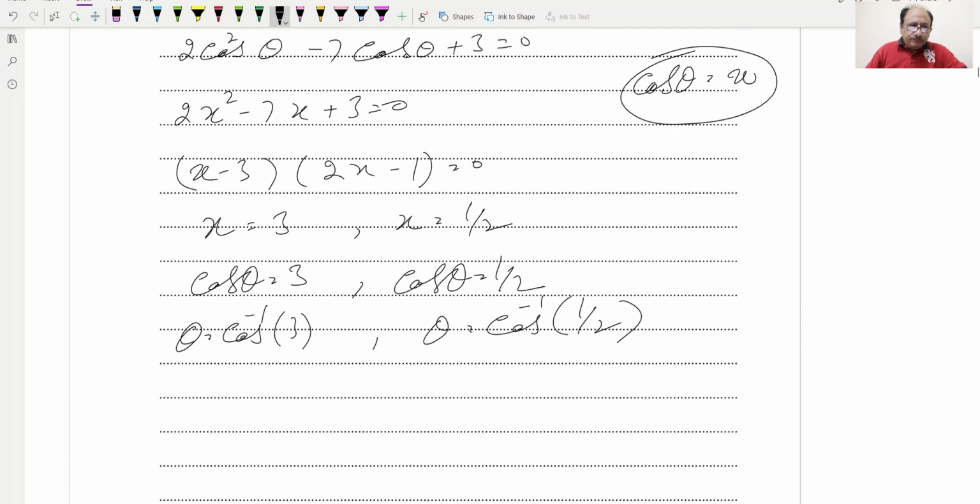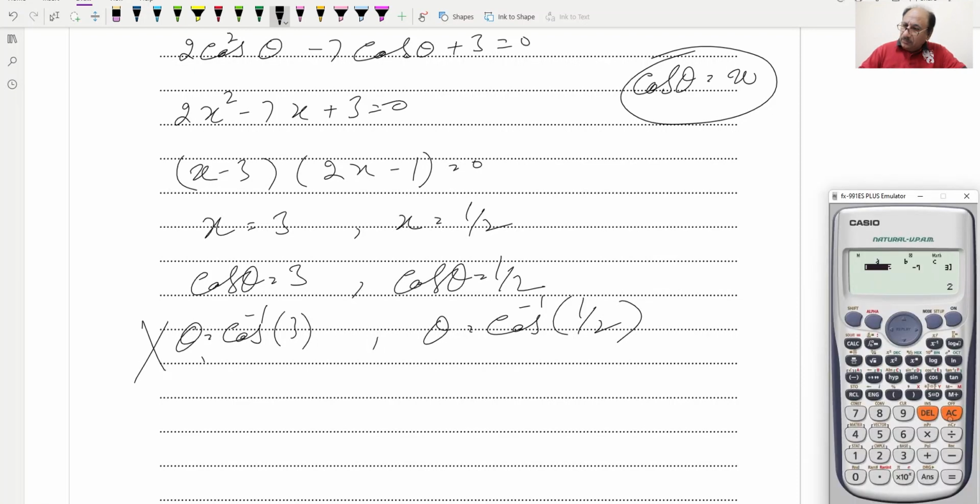Now we can reject this one, because cos cannot exceed 1. Shift cos of 3 will be a syntax error, so it's not possible. So we are rejecting that one, and we are checking shift cos of 1 by 2, and this results in 60 degrees.